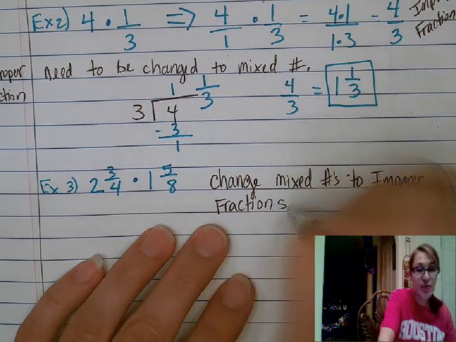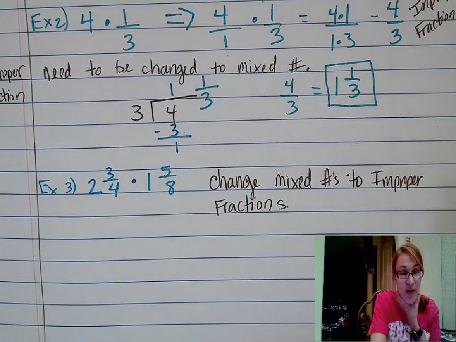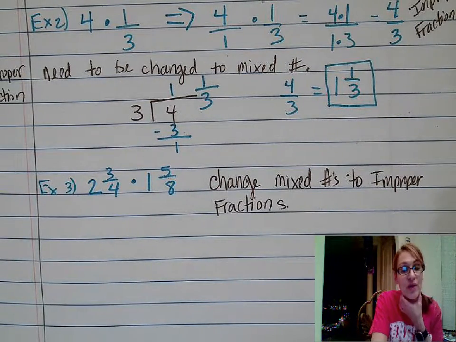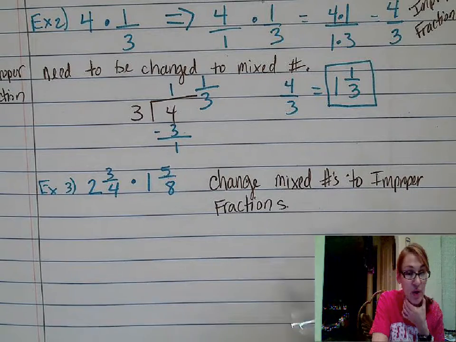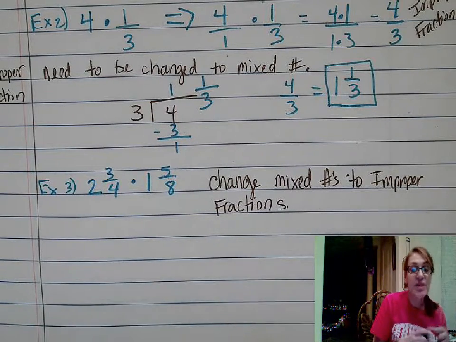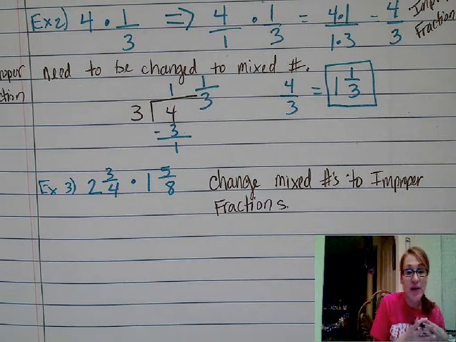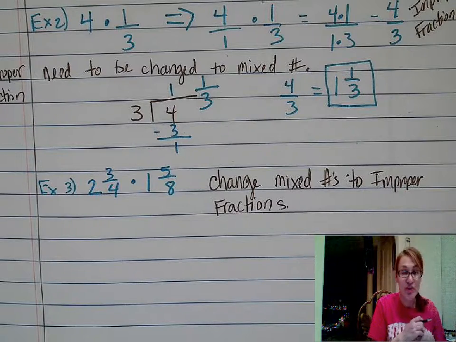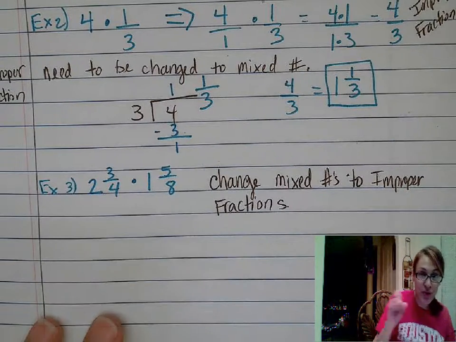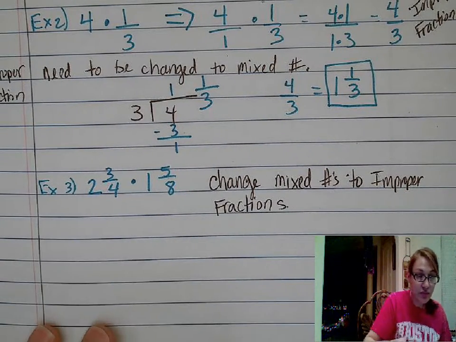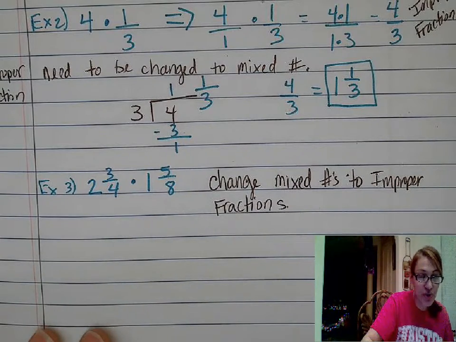And the only reason we're doing that is so that we can work with them a lot easier, and we can calculate this problem. So remember, when you have mixed numbers and you need to multiply, you need to change it to an improper fraction. And do you guys remember how I showed you guys how to change mixed numbers to an improper fraction? Do you guys remember the all around Texas strategy that I showed you?